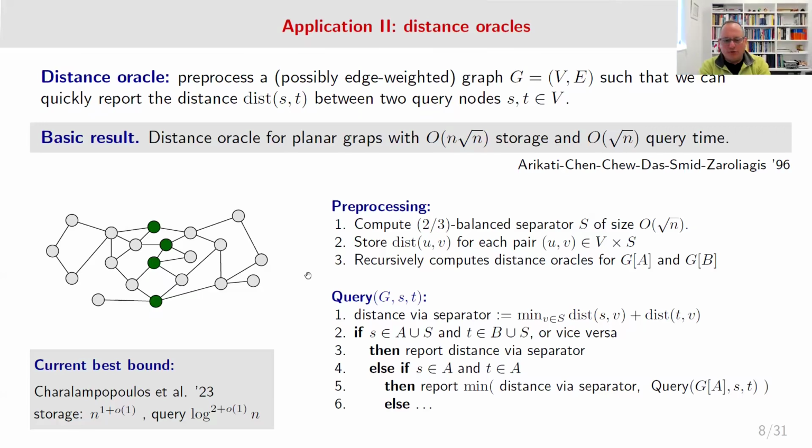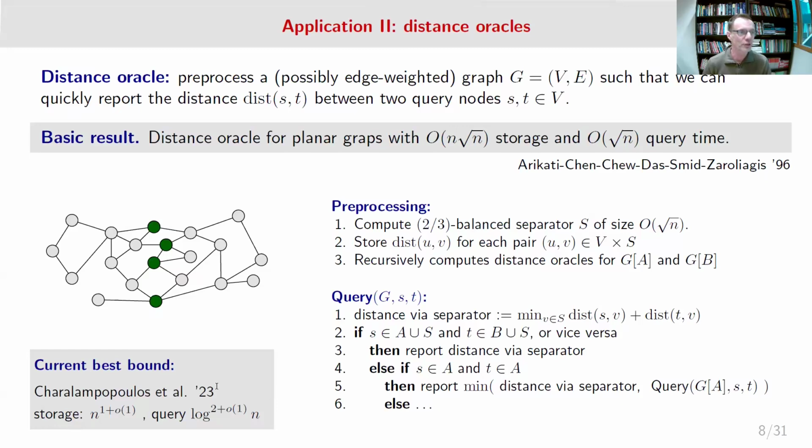Mark, question. So between 96 and 2023, there was no progress? No, there were many developments. This is a long sequence of papers that started in 96 and that eventually culminated in this 23 result. There was a result by Thorup from, I don't know, 2005 or something, I forget, maybe even older.